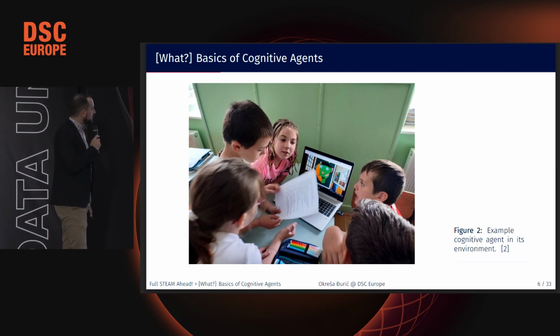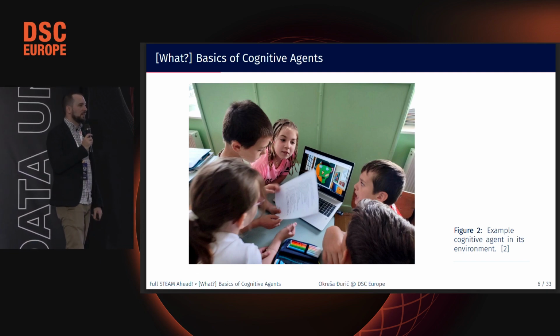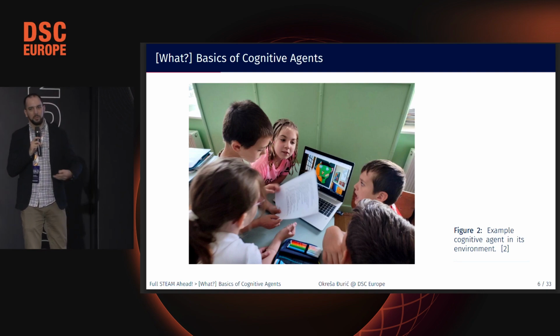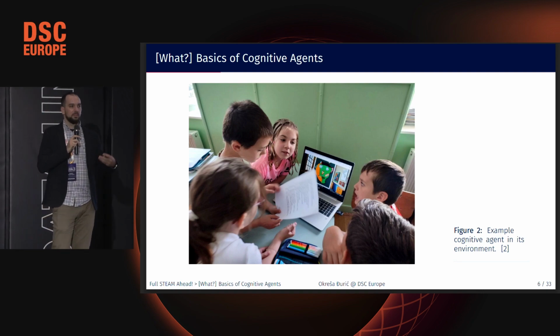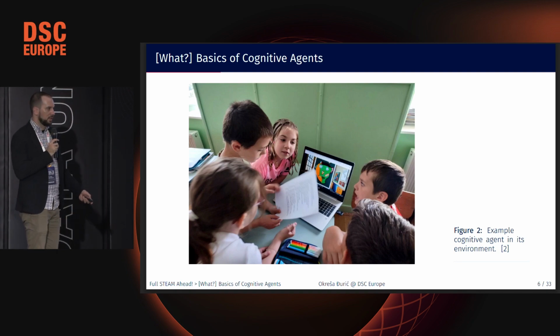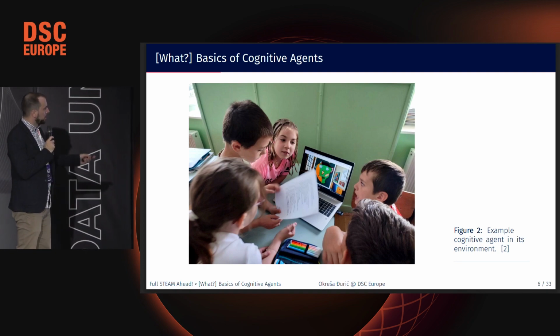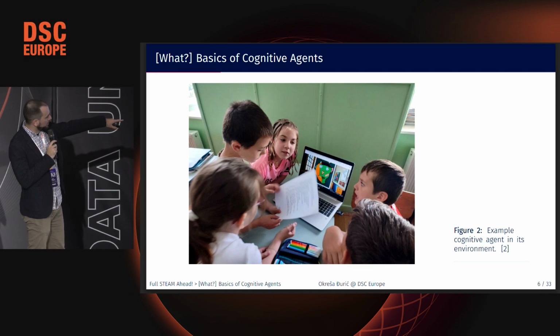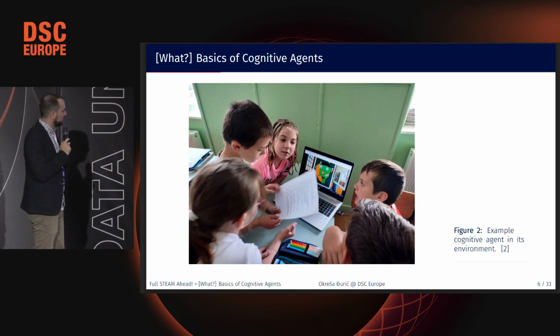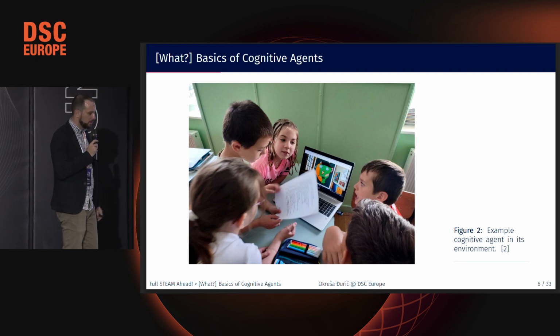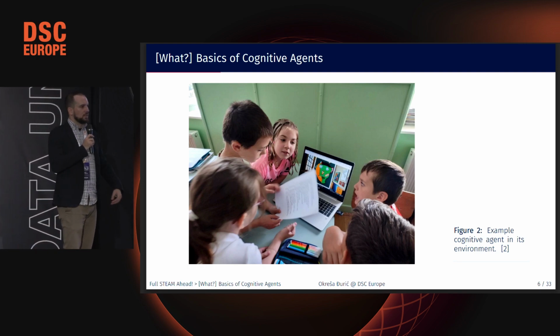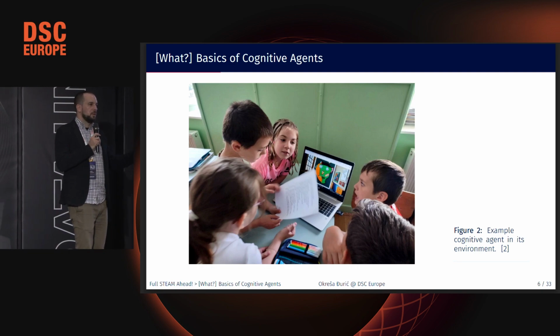So those kids, those students basically like to interact with something that's colorful, that's interactive on their level and not too technical. Now here we can see the face in the middle, the drawing in the middle, that we'll see afterwards as well, is this personification of our agent, right?